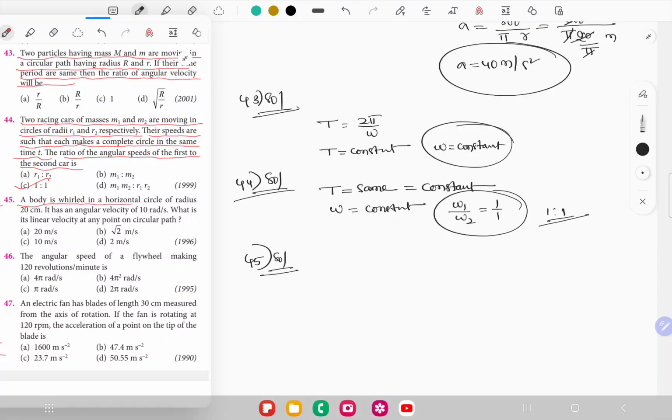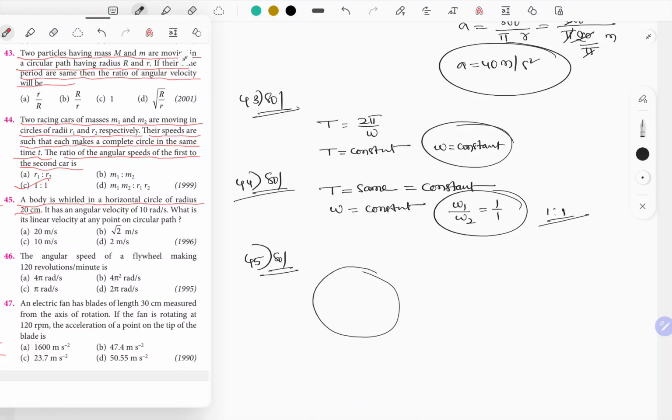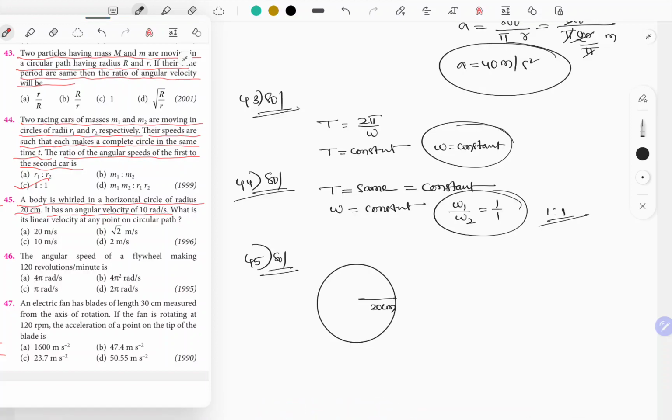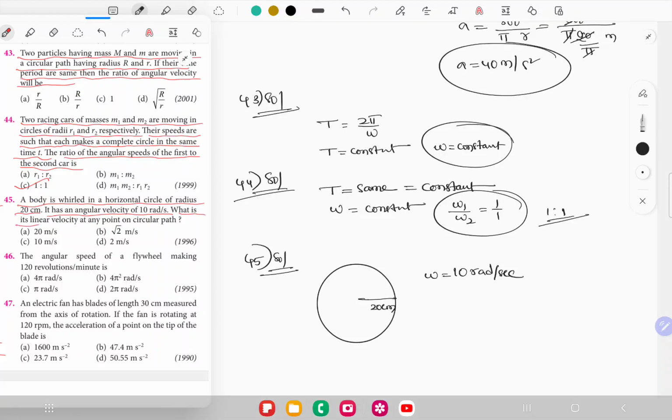Next question number 45. A body is whirled in a horizontal circle of radius 20 centimeter. Okay, they have given a circular motion question. Radius is 20 centimeter. Then it has an angular velocity of 10 radian per second. So what is its linear velocity at any point on the circular path?